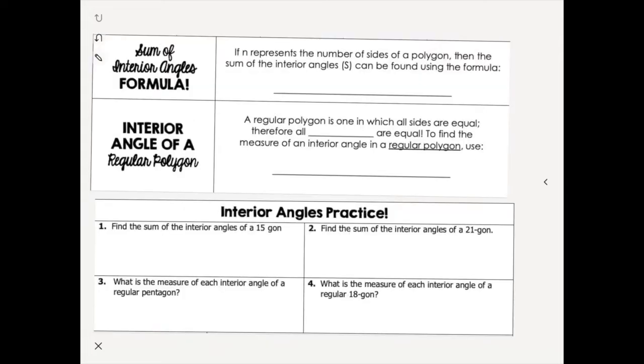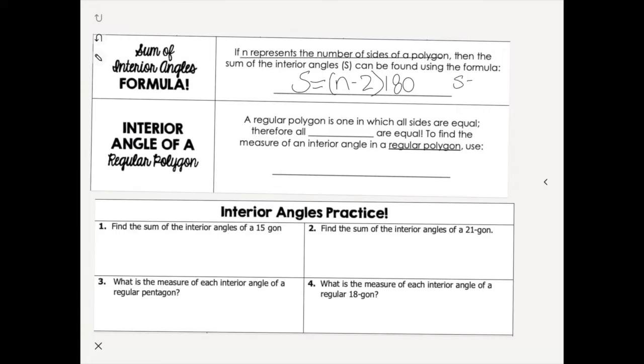Then the sum of the interior angles S can be found using the formula S equals n minus 2 times 180. So if we want to check this formula, we could do it for a triangle. The number of sides in a triangle is 3, which means n is going to be 3, because n represents the number of sides of the polygon.